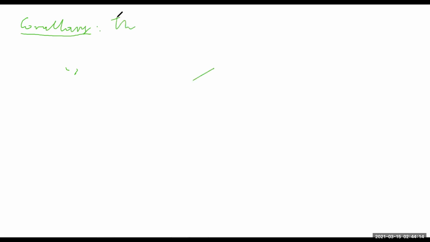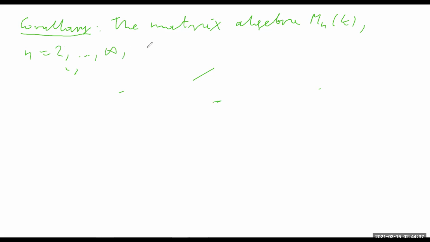The matrix algebra M_n(K), and now I write n running from 2 to infinity, infinity is included, cannot be isomorphic to the path algebra of any graph.